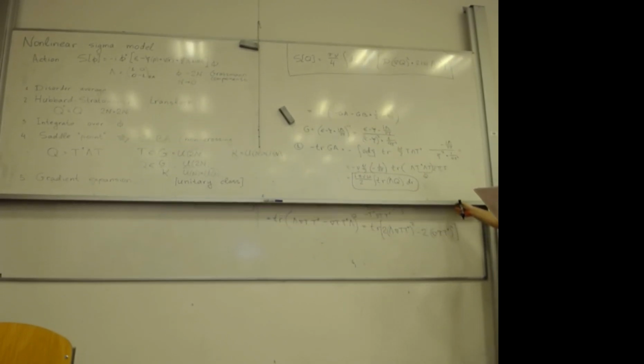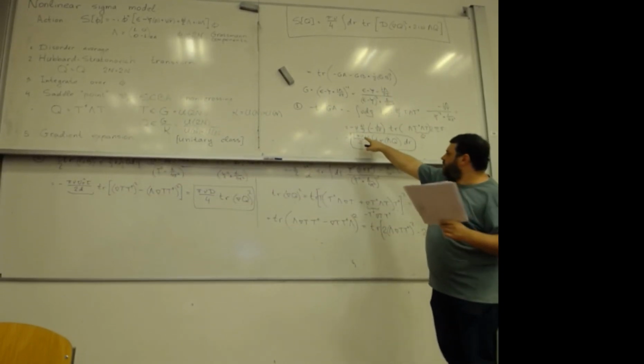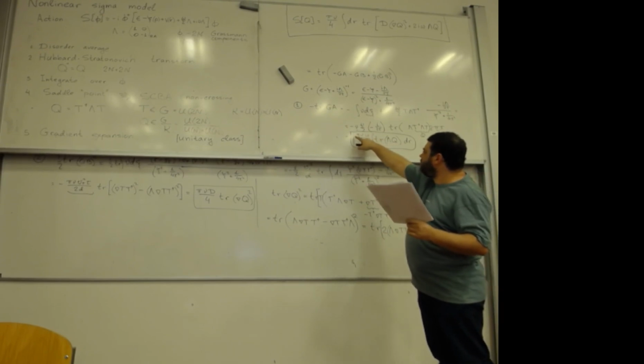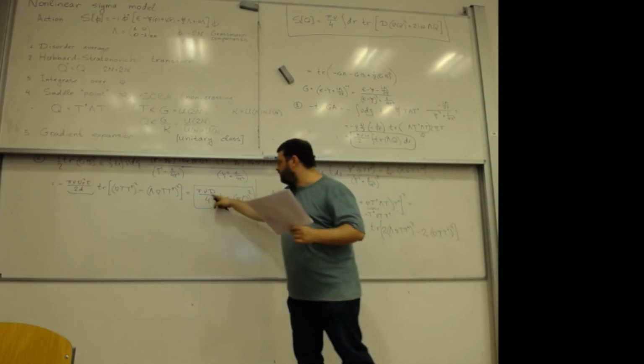With a plus, we have pluses. Pi nu over 4, 2 I omega, pi nu over 4 D gradient Q squared.